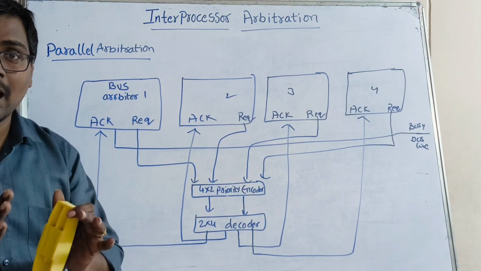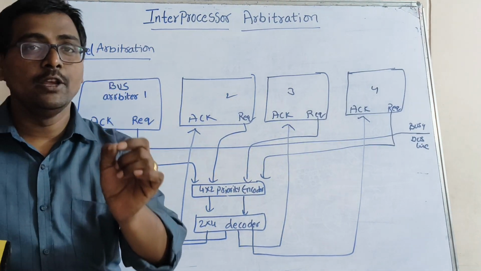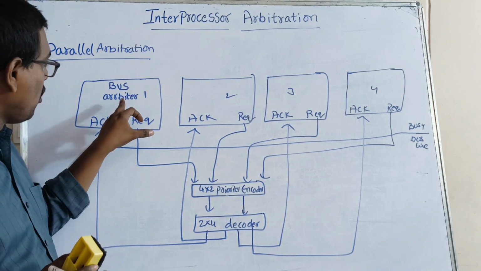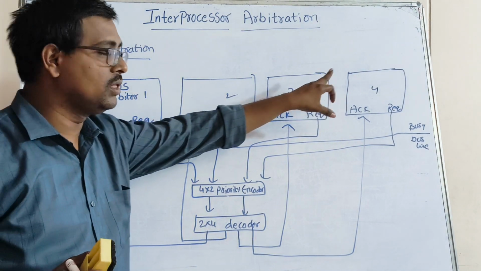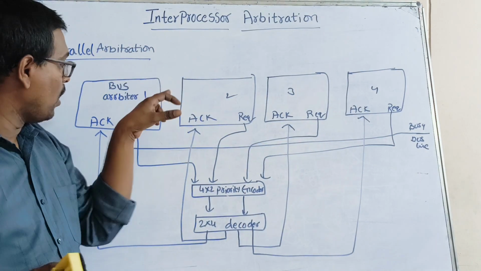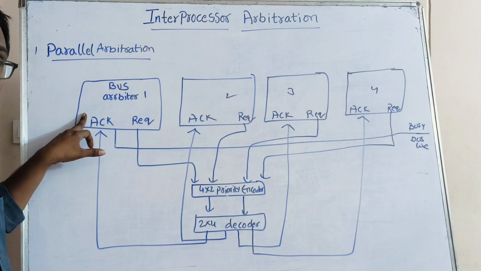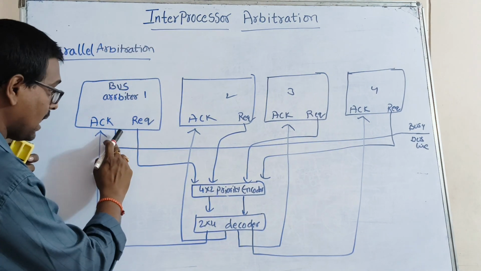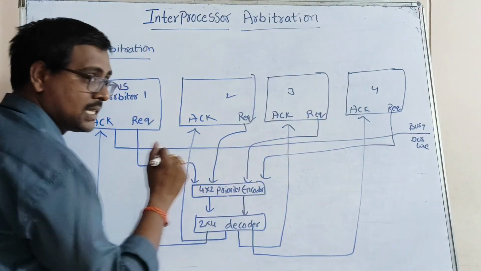In this parallel arbitration approach, we are using a priority encoder and a decoder. Consider 4 arbiters: 1, 2, 3, 4. Each arbiter consists of 2 lines. One is a request and the other is an acknowledgement line, and all the arbiters are connected to a common bus line.